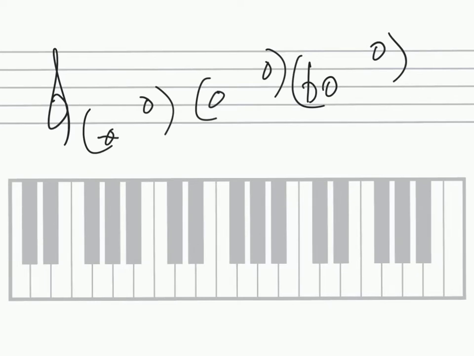And now if I'm going from A over here up to D, I can count 1, 2, 3, 4, 5. So that's a perfect fourth going up. Or A down to D. 1, 2, 3, 4, 5, 6, 7. So that's a perfect fifth going down.